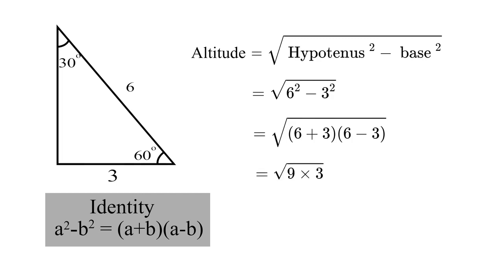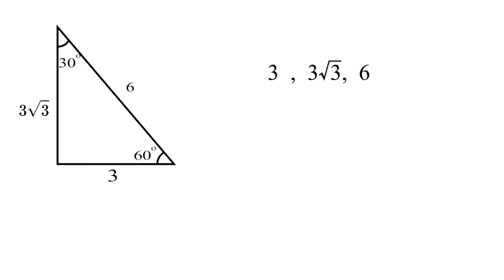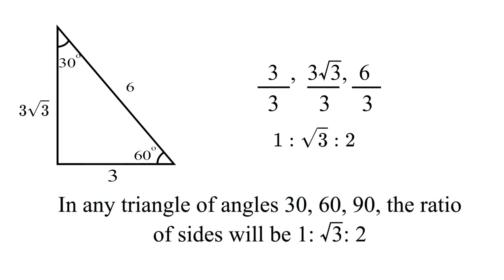By taking the root of 9, this can be written as 3 root 3. So the sides of the right triangle are 3, 3 root 3 and 6. Dividing these terms by 3, we get the ratio of sides 1 is to root 3 is to 2. So we can conclude that in any triangle with angles 30, 60 and 90, the ratio of sides will be 1 is to root 3 is to 2.